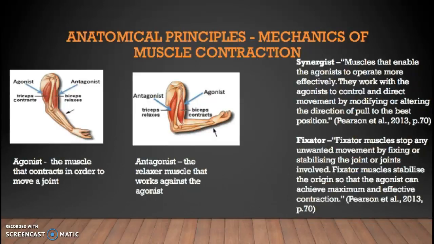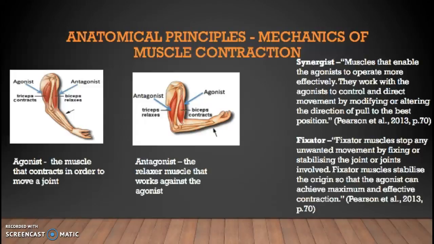So if we look at the mechanics of muscle contraction, if we look at a bicep curl, you have agonists, which is the muscle that contracts in order to move a joint, and antagonists, which is the relaxing muscle that works against the agonist.